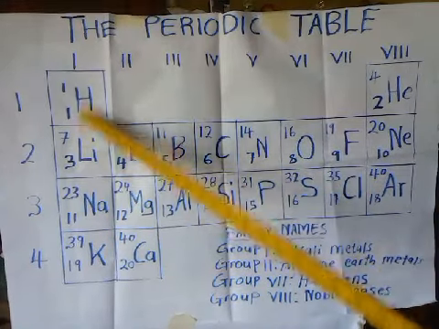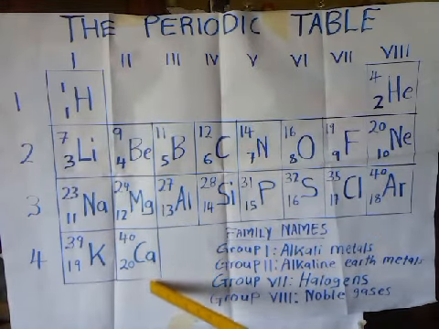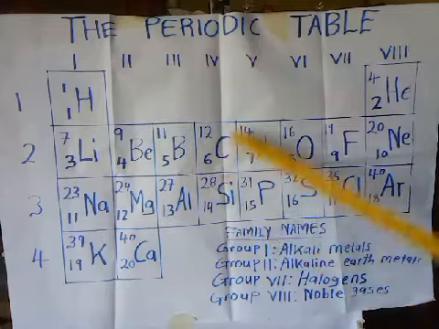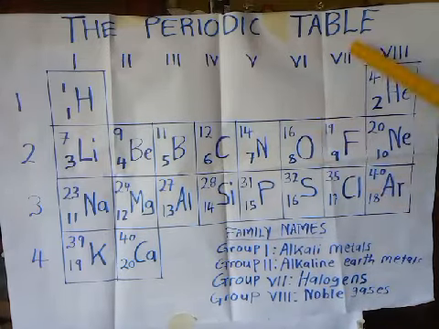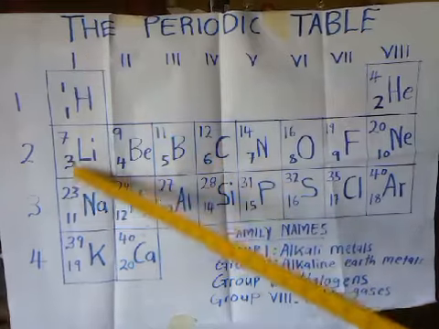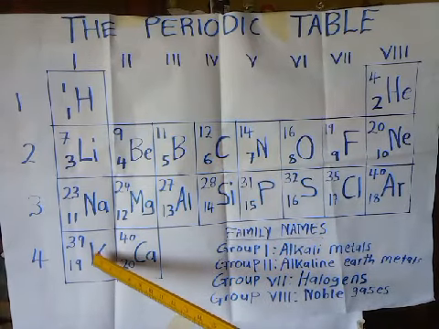So this is family number 1 or group 1. This is family number 2, or group 2 elements. This is family number 3, family number 4, family number 5, 6, 7, up to 8. In each group, or in each family, we have specific elements.